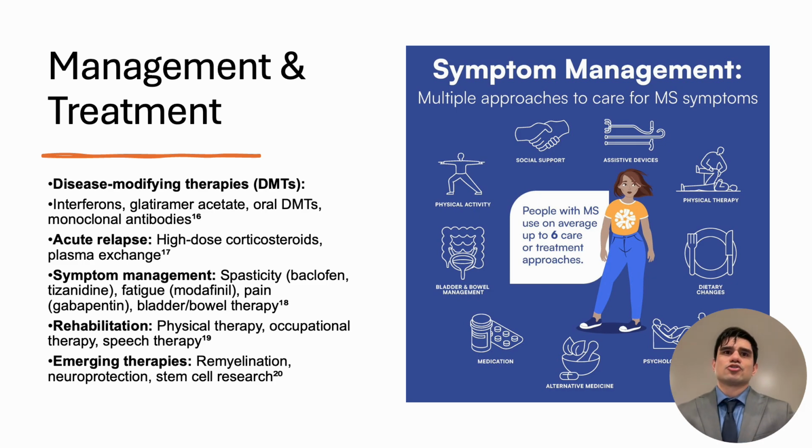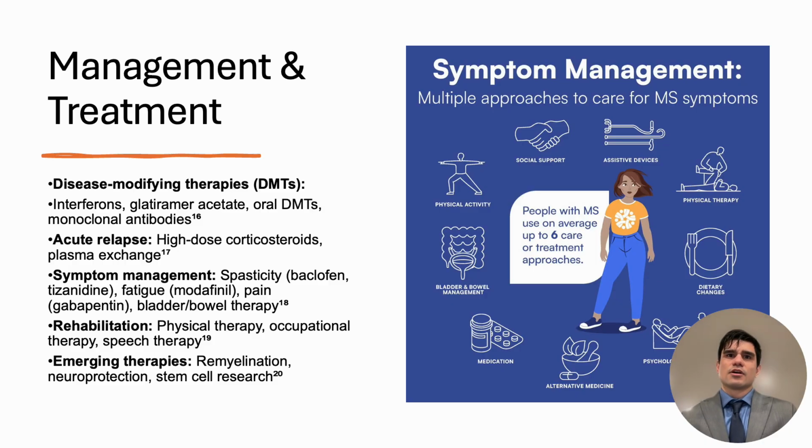So management and treatment has several layers. Disease-modifying therapies reduce relapses and slow progression. These include interferons, glatiramer acetate, oral medications, and monoclonal antibodies. Acute relapses are treated with high-dose corticosteroids or plasma exchange.